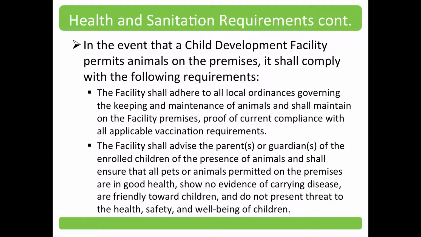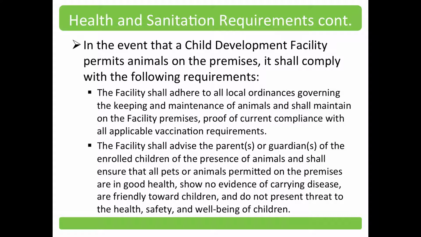Health and sanitation requirements continued. In the event that a child development facility permits animals on the premises, it shall comply with the following requirements. The facility shall adhere to all local ordinances governing the keeping and maintenance of animals and shall maintain on the facility premises proof of current compliance with all applicable vaccination requirements.